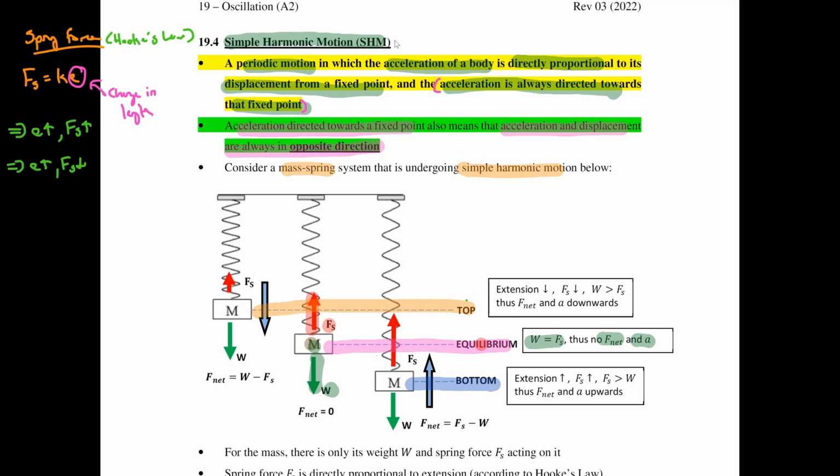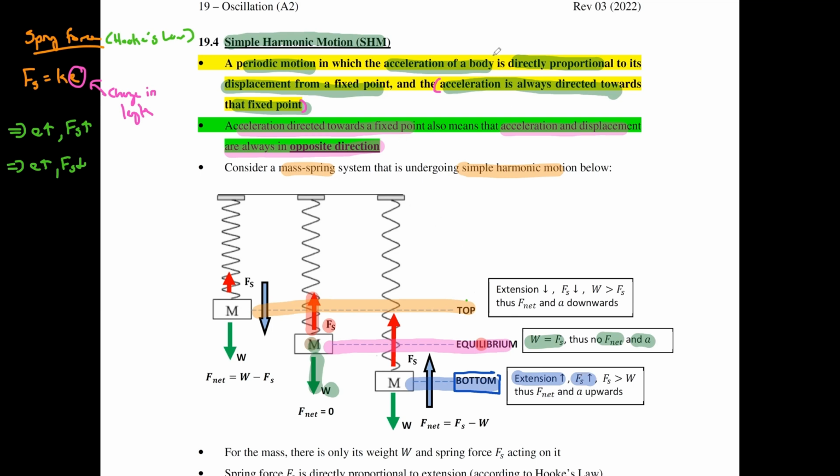When you are at the bottommost position, right over here, your extension of your spring has actually increased because it has now gone lower. The spring has actually extended. Your extension has now increased. Your spring force must therefore have increased.